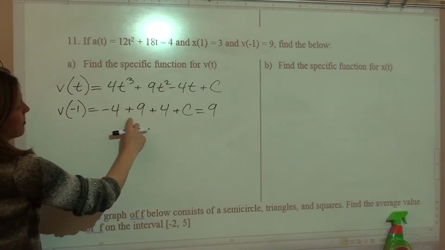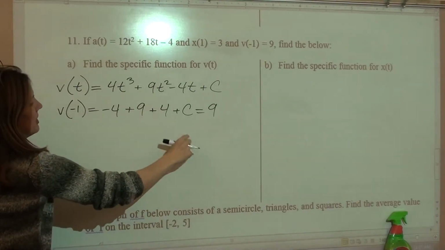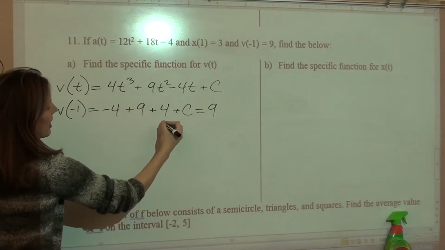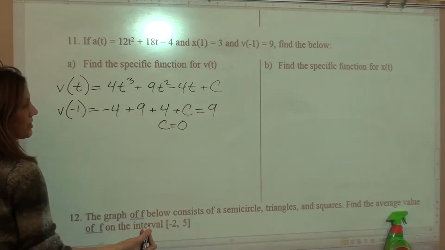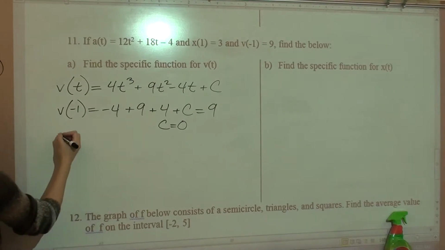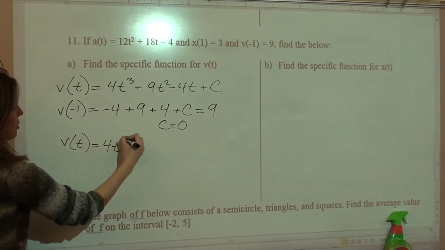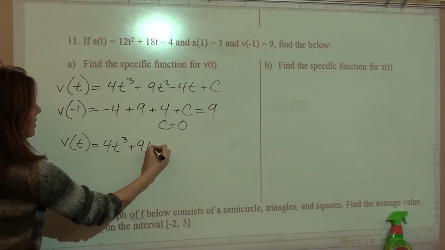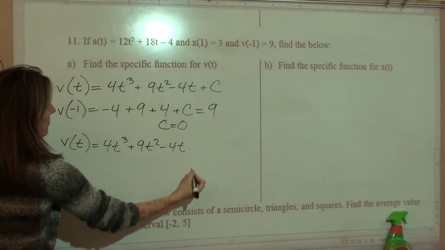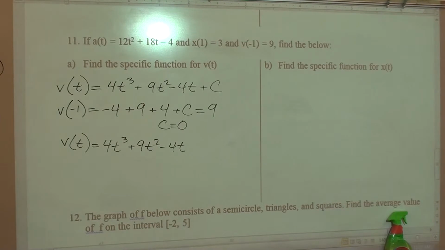Now what you end up with when you do all of this is 9 plus c equals 9. So c is just 0. So our velocity function is just this.